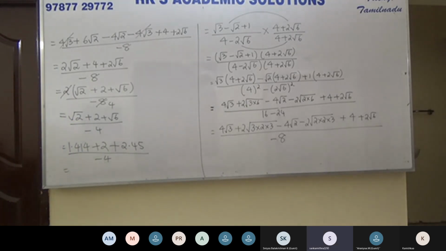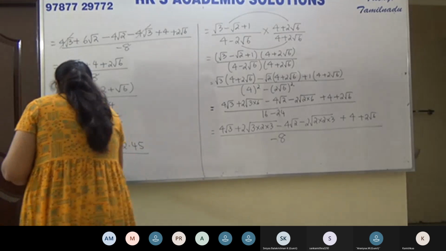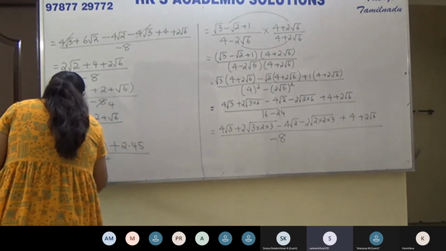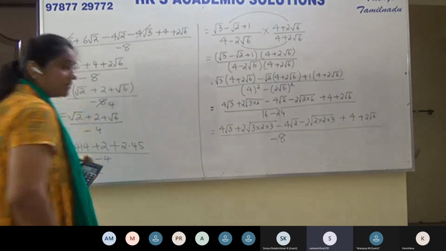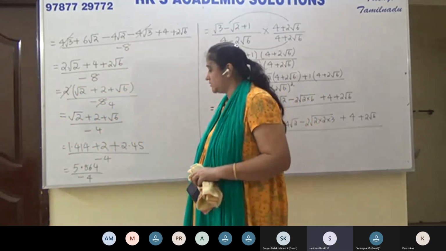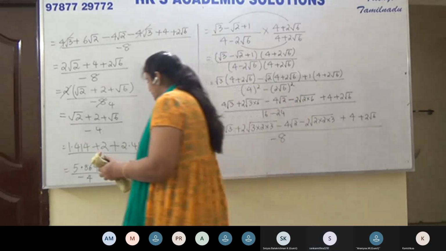I got minus 1.466. Is the numerator 5.864, divided by minus 4? Yes, ma'am.